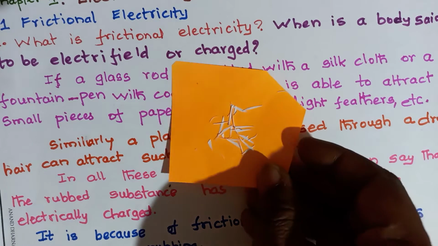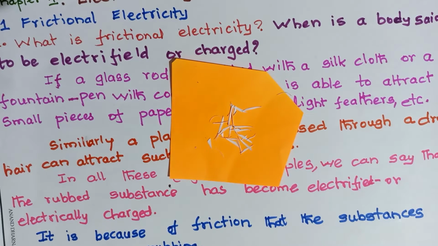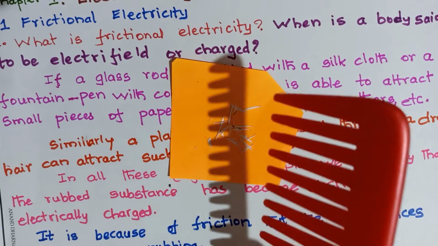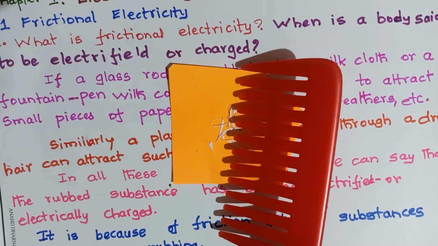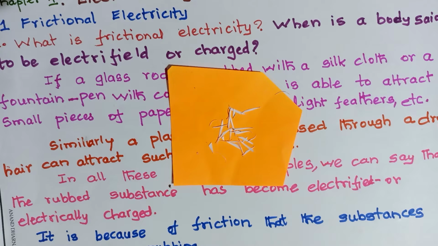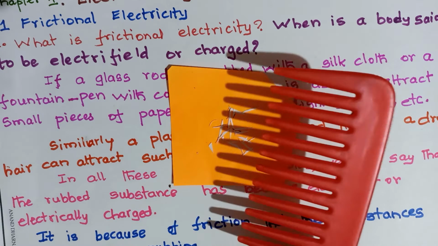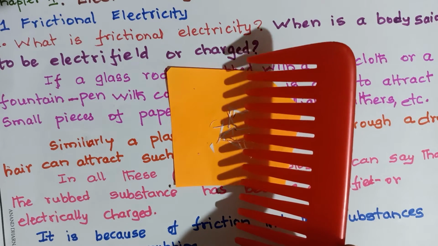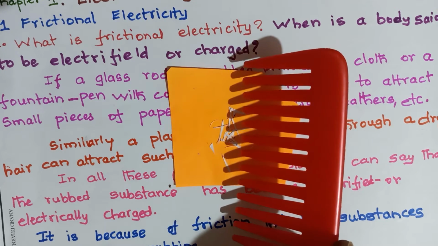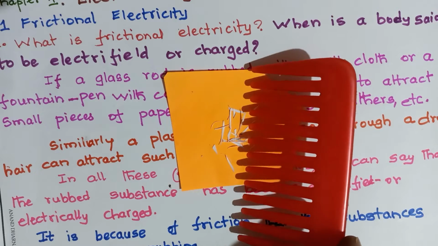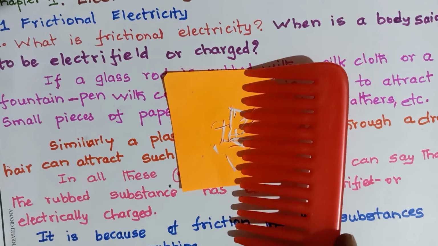When a comb is passed over dry hair, the comb attracts paper pieces. You can check here, the comb attracts the paper pieces. See how it attracts.